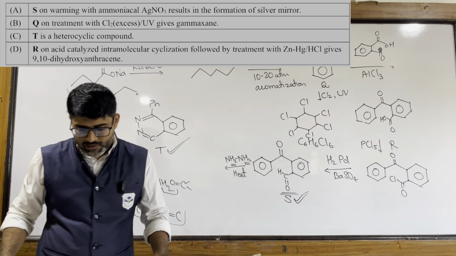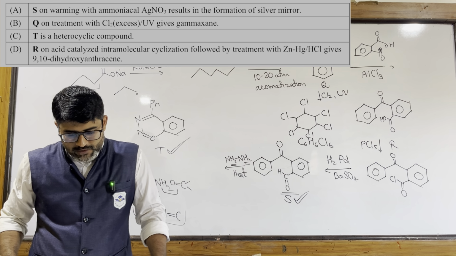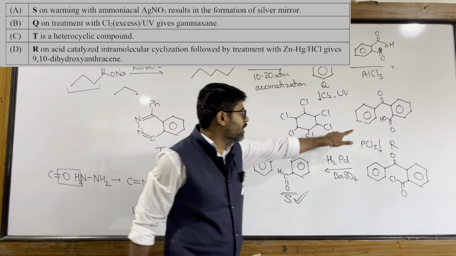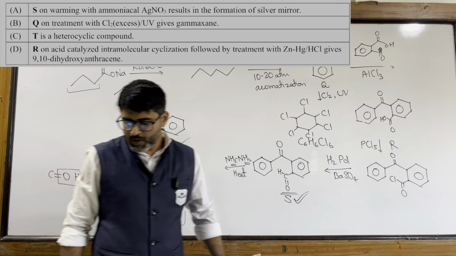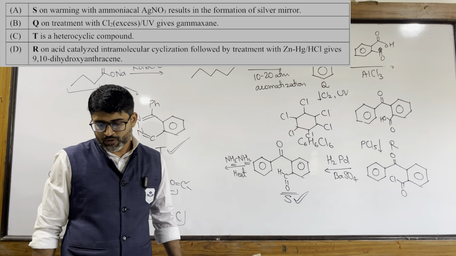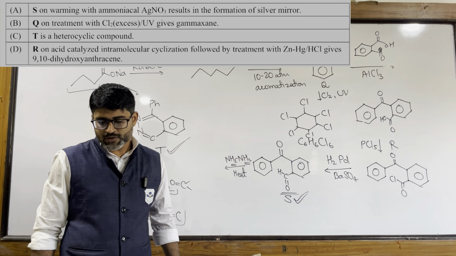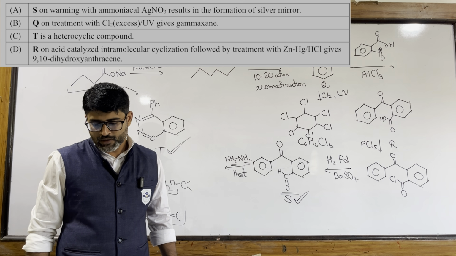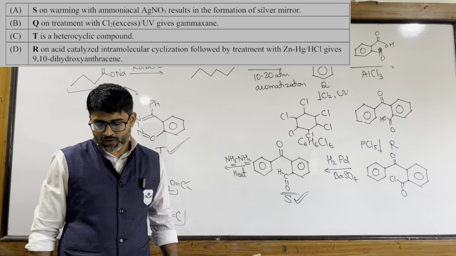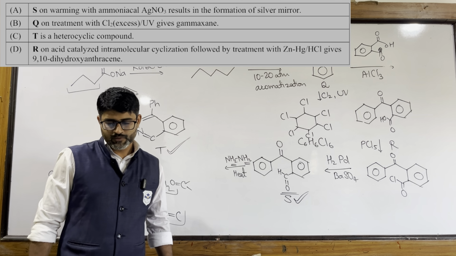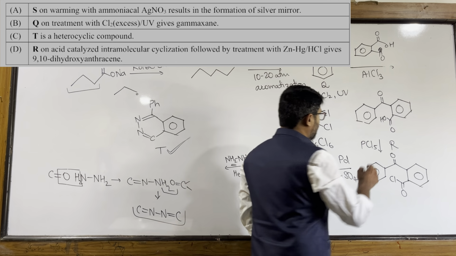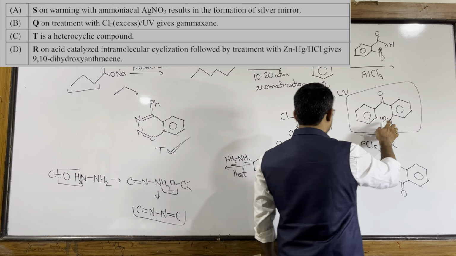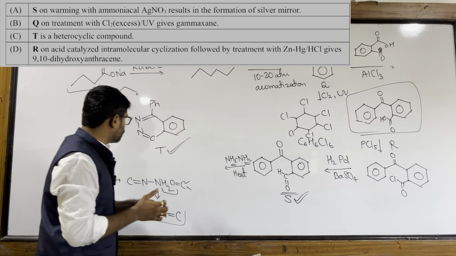And option D is: R on acid catalyzed intramolecular cyclization, followed by treatment with ZnHgHCl, gives 9,10-dihydroxy anthracene. This is the R compound. We have to react this R with an acid catalyst. So this OH will be removed, as I will solve the reaction.